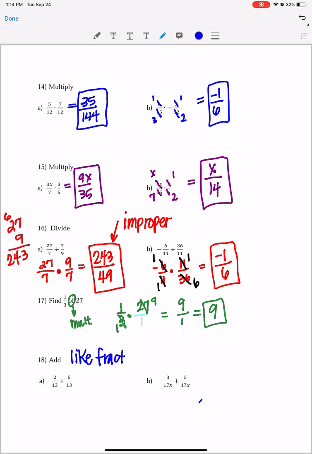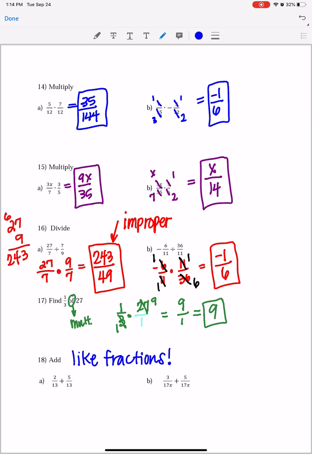Why is that a like fraction? They are like fractions because you have the same denominator, 13 and 13. Here, 17x and 17x. If they're the same denominator, they're like fractions.